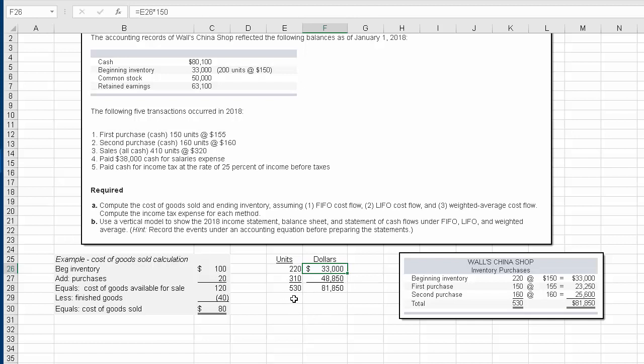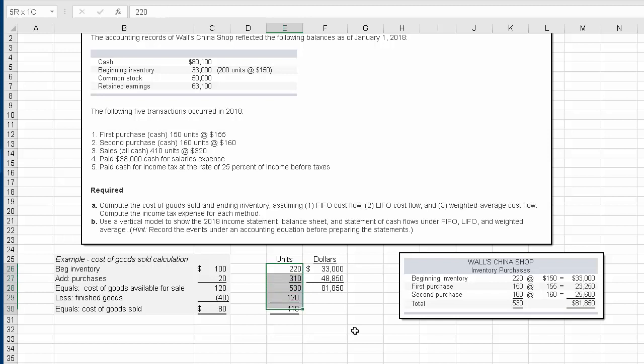Well, we need to know what we had left in finished goods. We sold 410 units, right? So the 410 would go here, representing the number of units that have to be reflected in cost of goods sold. Now we can just calculate the difference, which is 530 less the 410, or 530 minus 410 is going to equal 120.